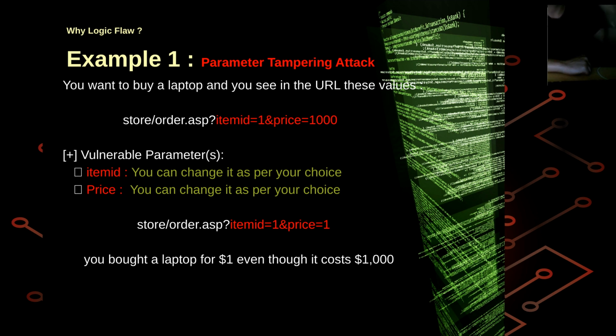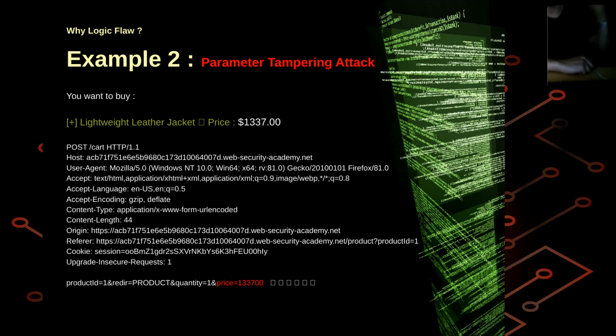So our example 2 is also about parameter tampering. Say you want to buy a jacket with a price of 1,300. If you accept the request for the jacket price, we see some interesting things below.